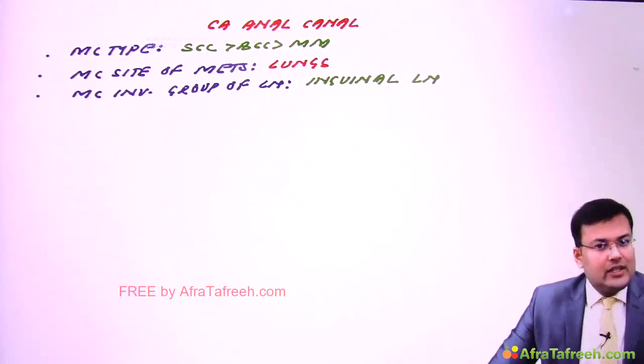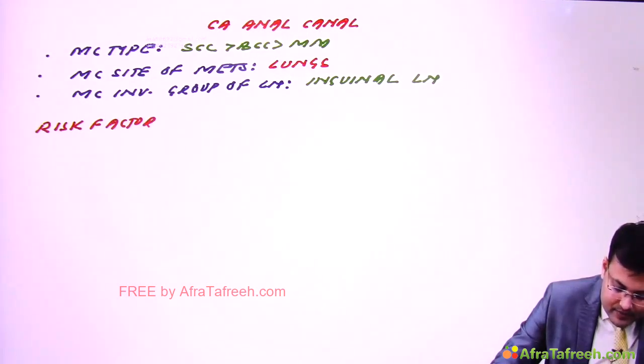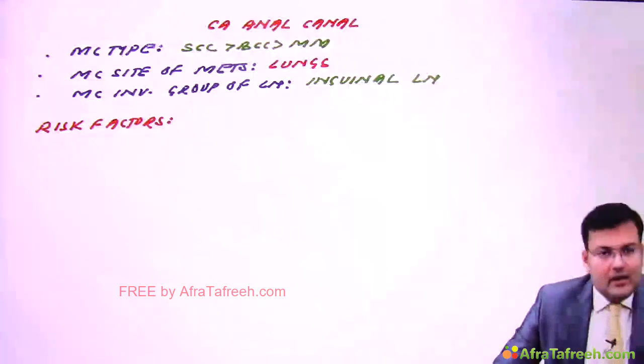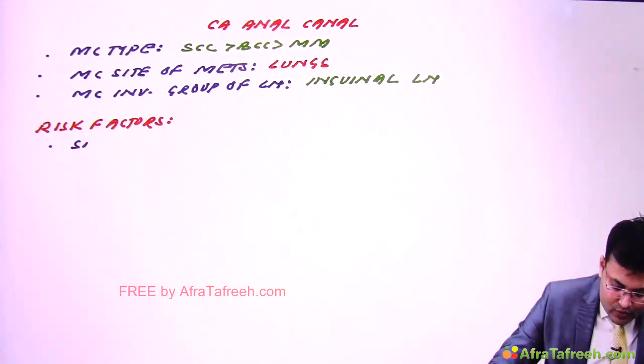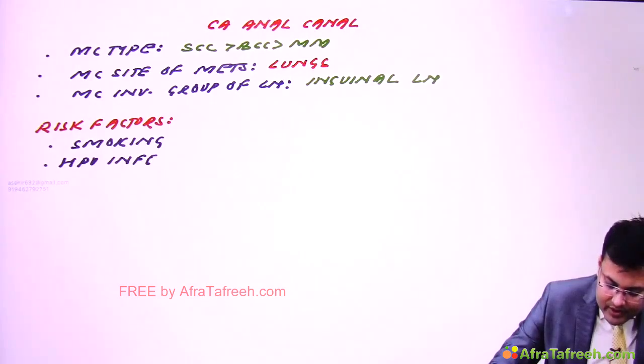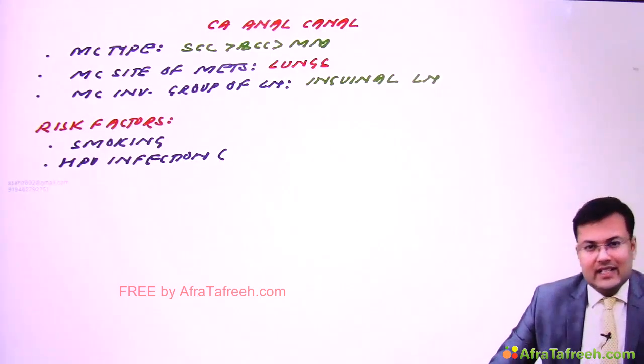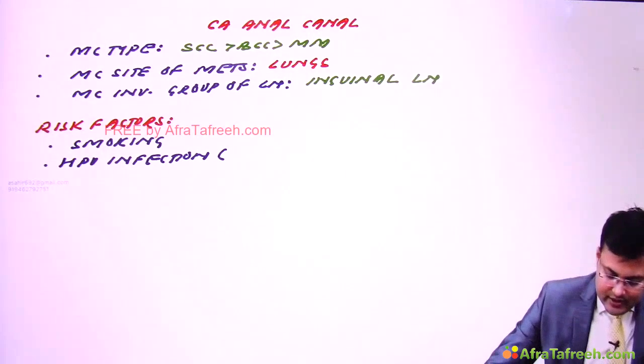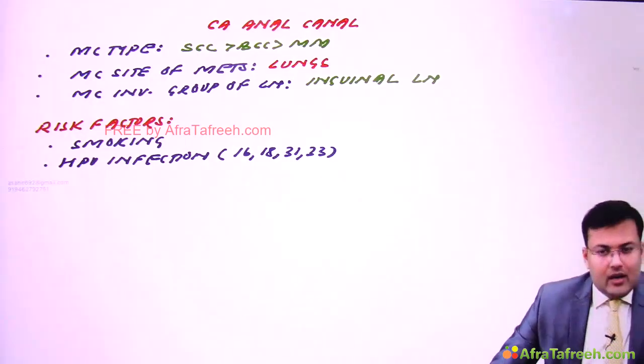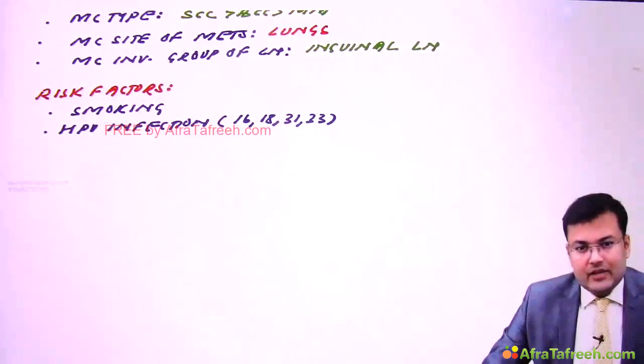Okay, now see the risk factors. Risk factors revolve around low socioeconomic status. Clear? The risk factors are smoking and HPV infection. Which strains have the maximum risk of malignancy? 16, 18, 31, 33. In which patients is there increased risk of HPV infection?